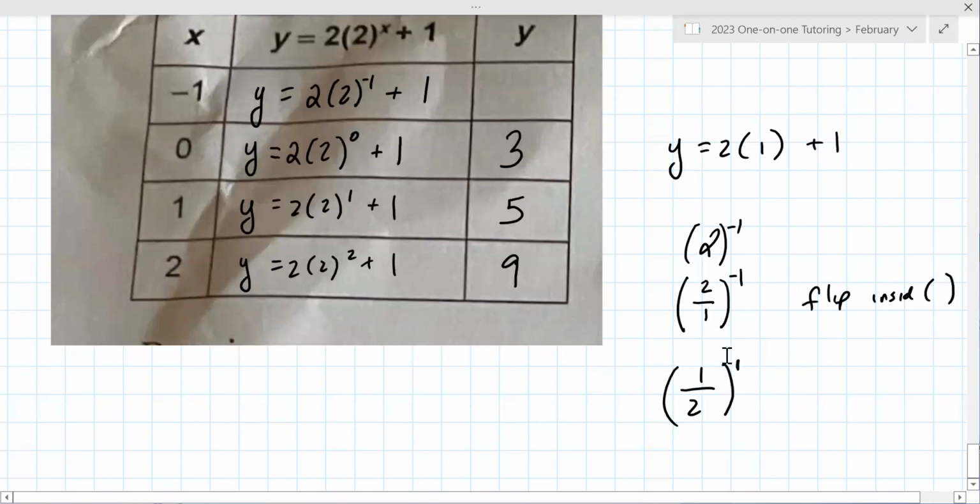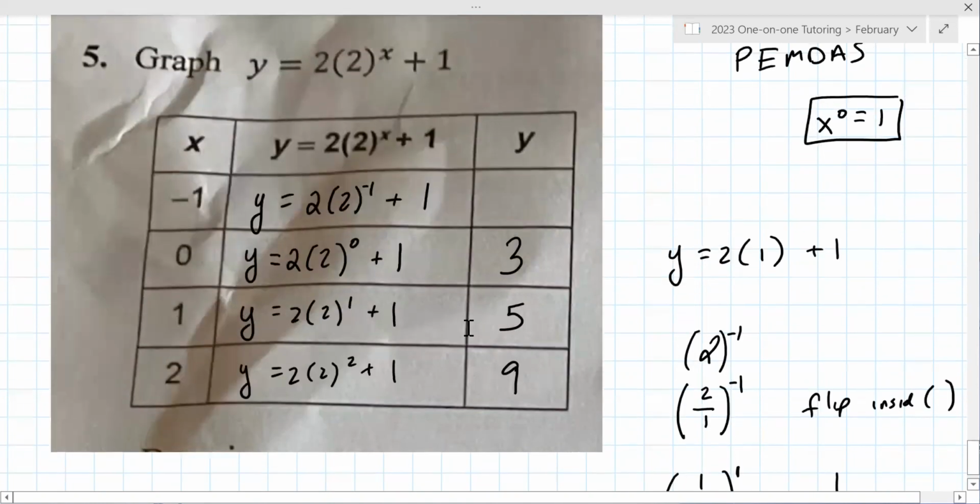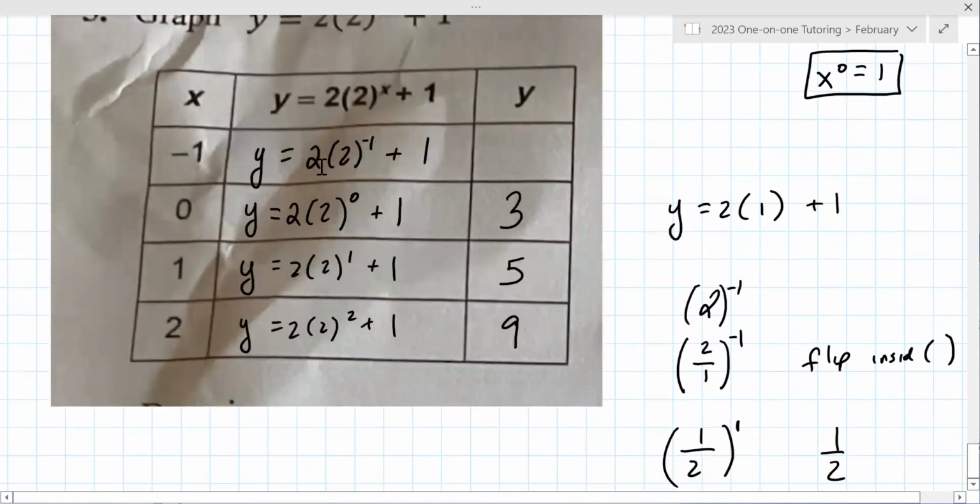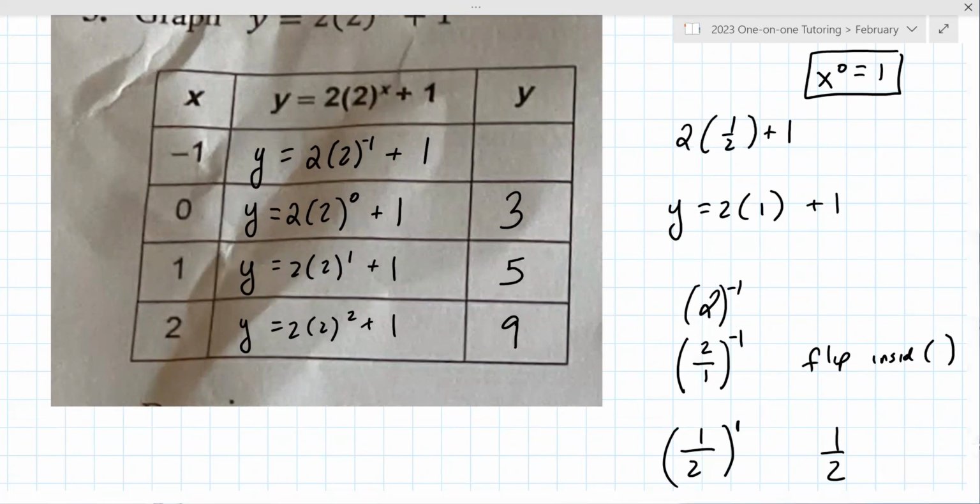And whenever you have to the power of 1, you actually don't even need that. You can just not write it at all. So it becomes 1/2. So if you go back to the worked out version here, it's 2 times 1/2 plus 1. It's 2. Yes.